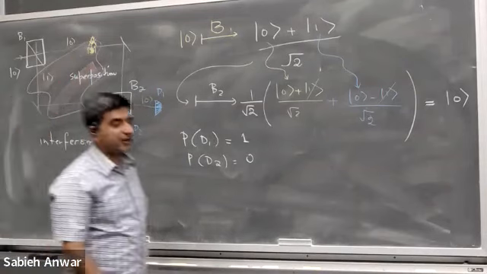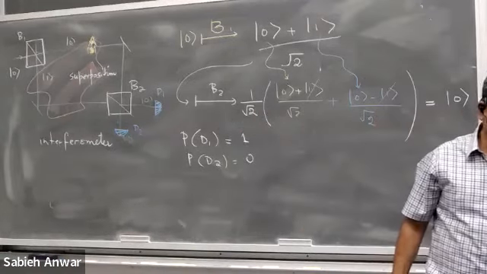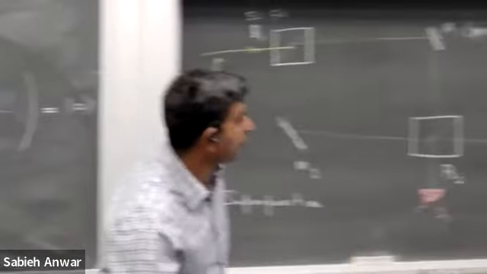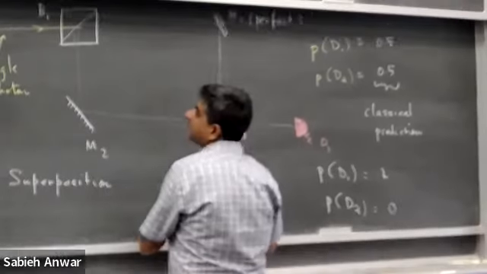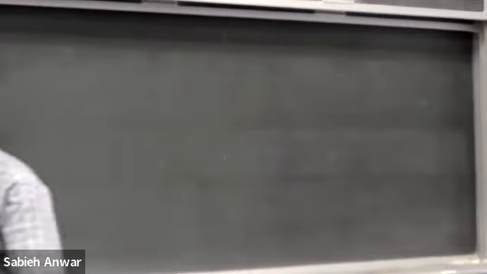Now, Feynman describes this with his famous interference experiment. And I think you're all aware of that. So I'm just going to draw a diagram for that. By the way, some really interesting thing about interference.